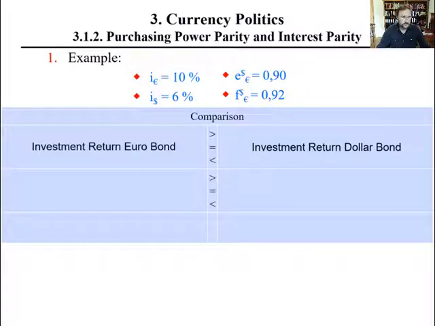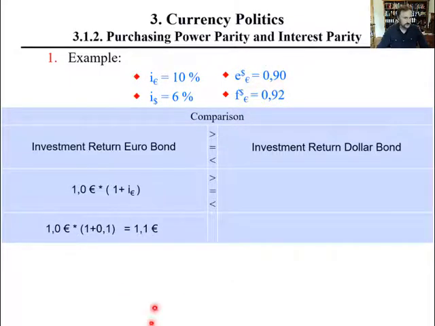The return of the euro bond stays, of course, the same as before, since we do not need to make any exchanges in foreign currencies, so the different spot exchange rate has no influence on the investment return of a euro bond, and this return stays 1.1 euro.